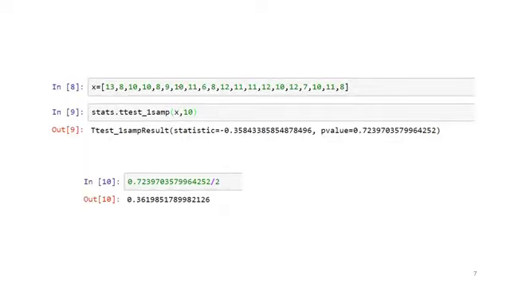You just pass this entire data to the function in Python, and it will give all the information to you. From this particular sample, it will automatically calculate the sample mean and the sample standard deviation.